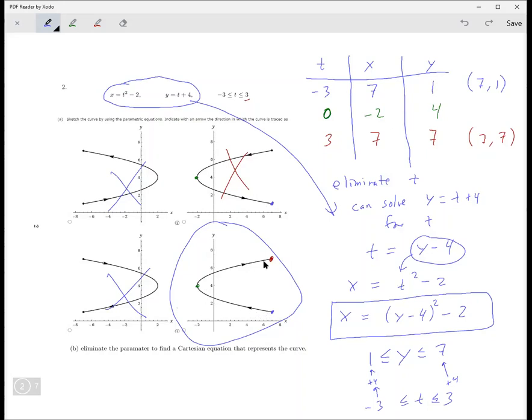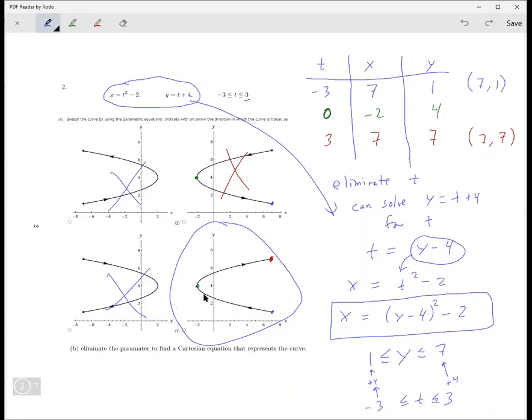So it's just this part of the parabola. In other words, this equation is something different than this one right here, because of two things. While all of these points are on this parabola, the first thing is that these are directional.